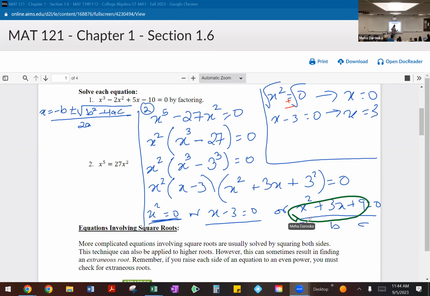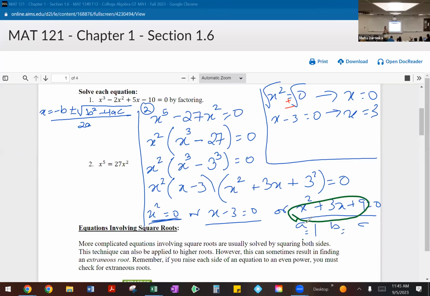Based on that, what is going to be your a, b, and c here? Very good.